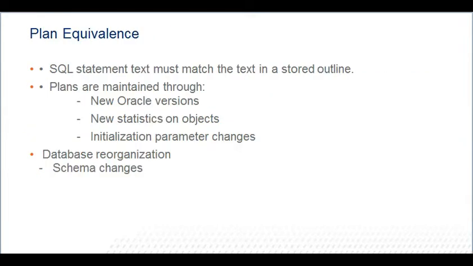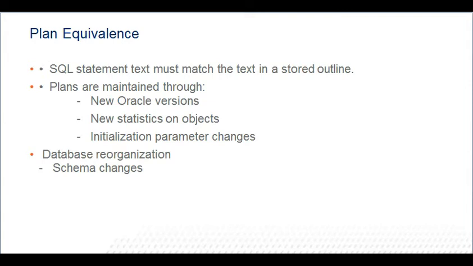Plan equivalence. Plan stability relies on exact textual matching of queries when determining whether a query has a stored outline. This is the same matching criteria used to determine whether an execution plan in the shared pool can be reused. Stored outlines rely partially on hints that the optimizer uses to achieve stable execution plans.